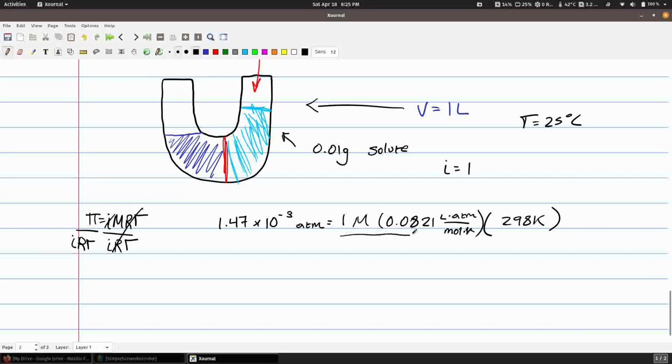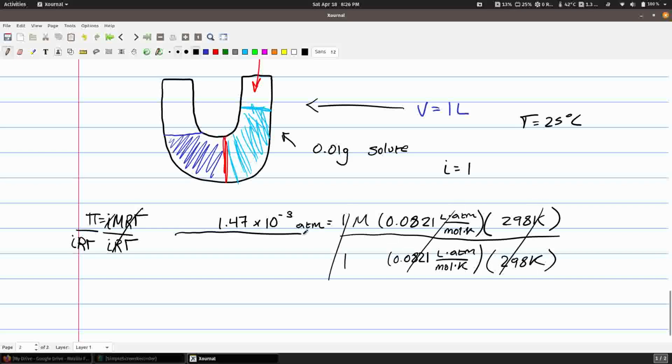So let's do that over here. We're going to divide this out. I'll write all the units just so we have them. I don't want to be instilling bad habits yet. Okay. So that cancels and that cancels. And then you're going to see that we're going to end up with moles over liters. So we have 1 times 0.0821 liters times atmospheres over moles times kelvins, times 298 kelvins.